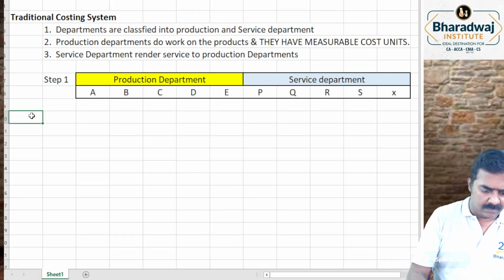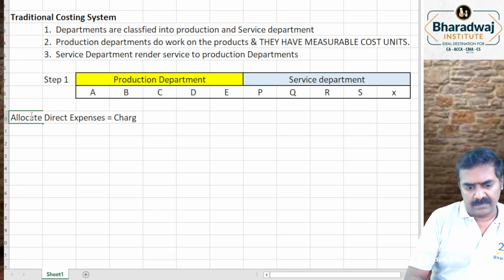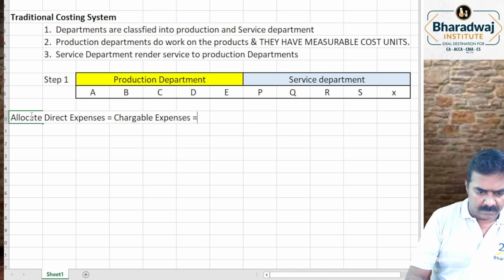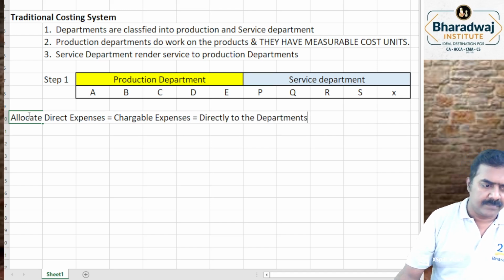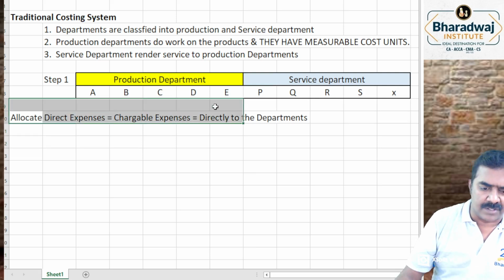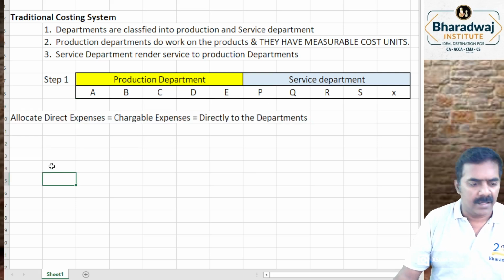We allocate direct expenses, which are called chargeable expenses. We allocate direct expenses or chargeable expenses directly to the department.